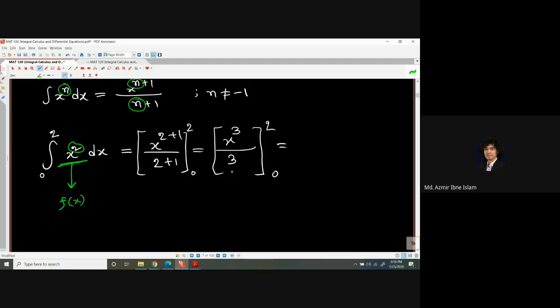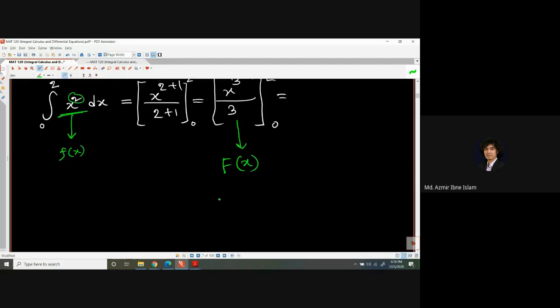After solving this integral, the function we have found is capital F(x), which is called the original function, the antiderivative.